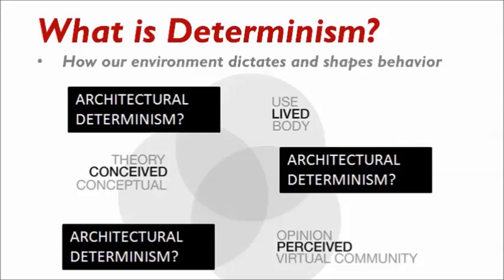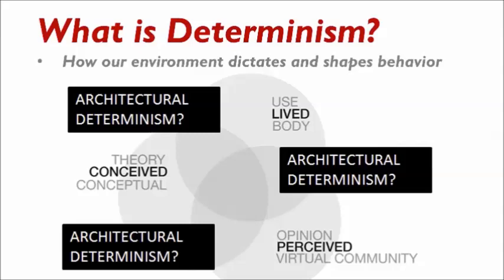But if we look at the way in which our built environment shapes us as people and as a culture, then that's determinism. It's basically that your environment determines your behavior.